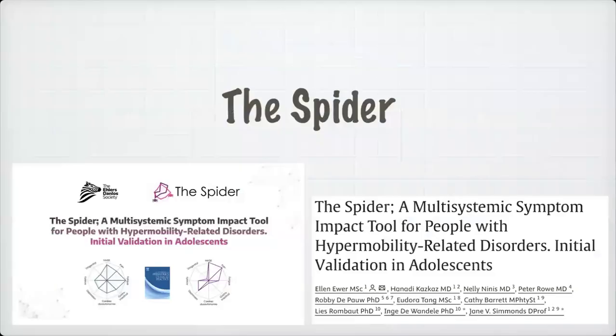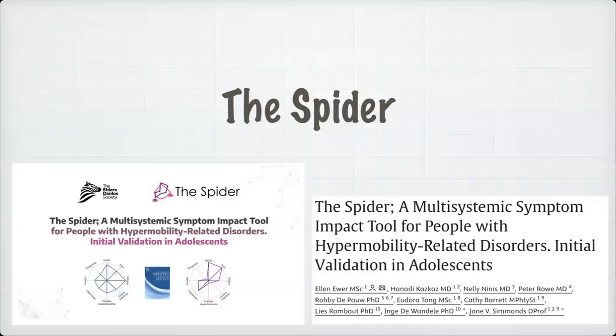Okay, so now let's take a look at the SPIDER. So the SPIDER is a multisystemic symptom impact tool for adolescents with hypermobility related disorders. This has been published this year. So we have this new tool to use for our adolescents, and it's a beautiful continuation of the previous research and study.